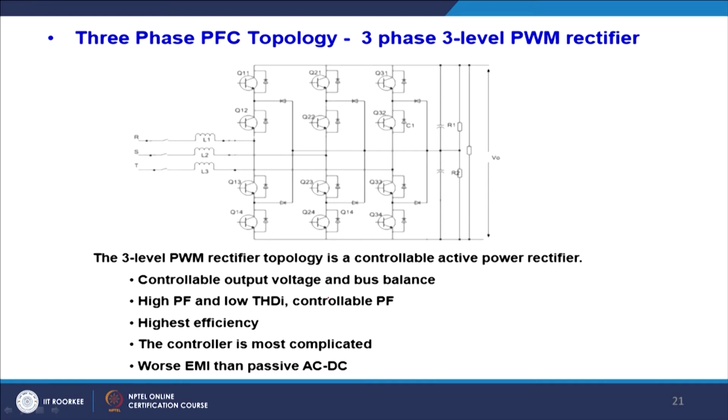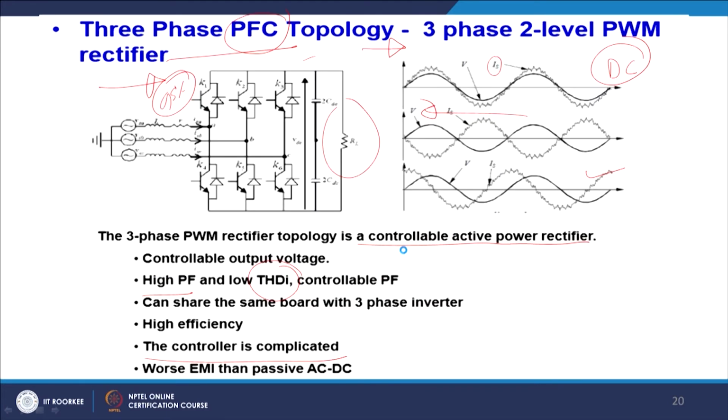The 3 level PWM rectifier topology is a controllable active rectifier, with controllable output voltage, and bus balance is possible, high power factor and low THD. Controllable power factor is also possible, because here you can change the voltage and current angle.